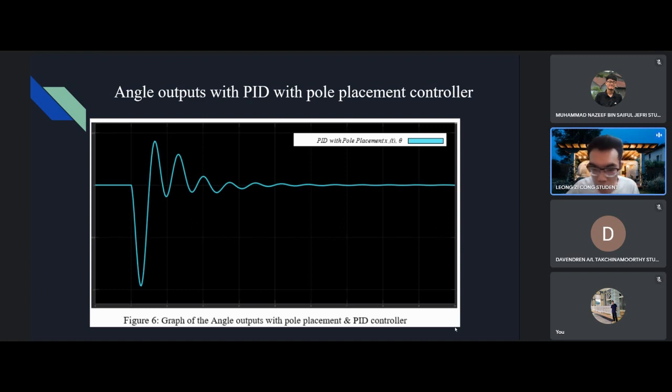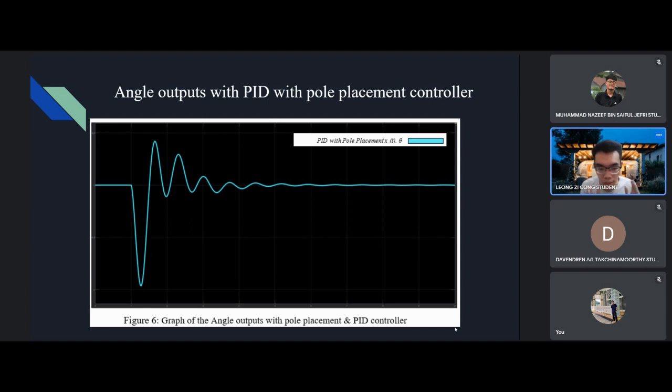And then for this one is the angle output with the PID with pole placement controller. We can see that for the output, actually it doesn't have the overshoot, but it has the undershoot. The first thing to say is that for settling time, whatever input, 1, 2, 3, 4 input, all of them have a settling time of about 3.53.